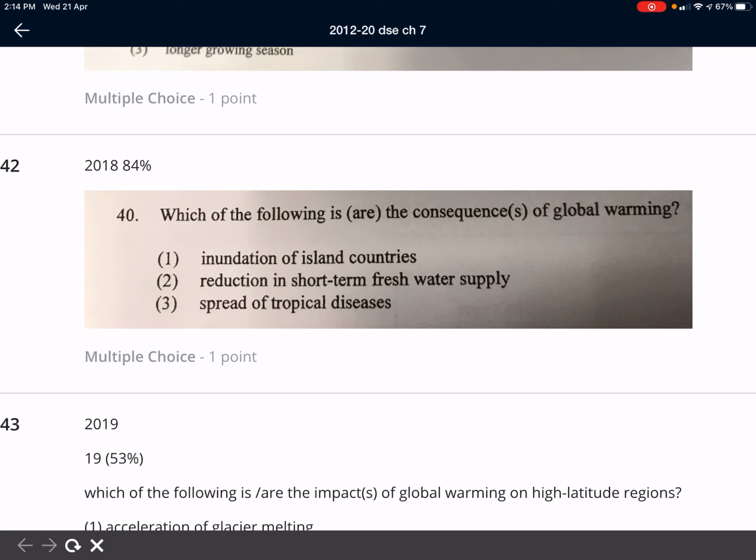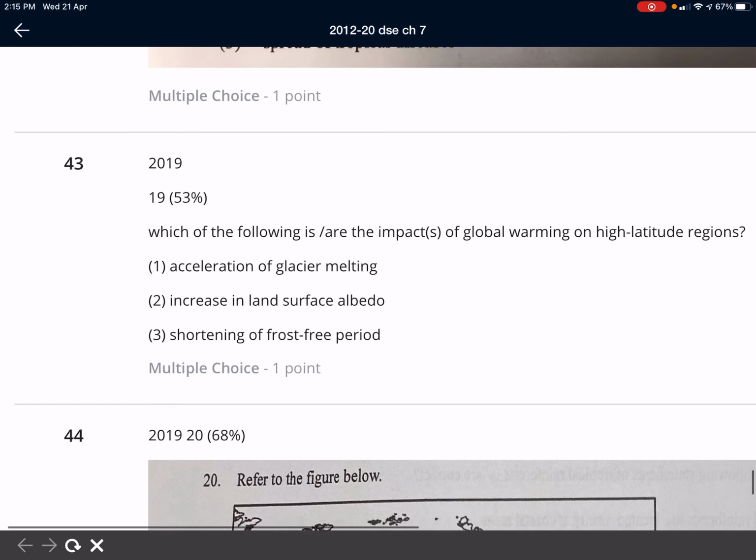Not the case, because the short-term freshwater supply should be increasing because of the melting of ice. If it's long-term, it's correct, but right now it's short-term, it's not correct. So number 2 is not correct. And then spread of tropical disease, just like the dengue fever, and also malaria, so on and so forth. So number 1 and 3 is the correct answer.